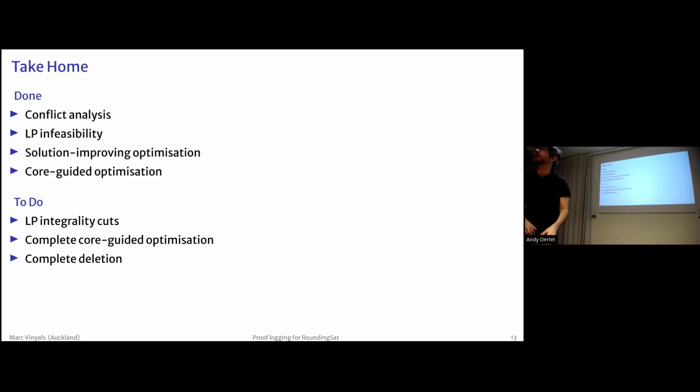What we should do next is the integrality cuts from LPs, and really complete the couple of bits of core-guided optimization that are missing. We've also got an implementation of constraint deletion that's a work in progress and should be done soon. But that's everything from me.